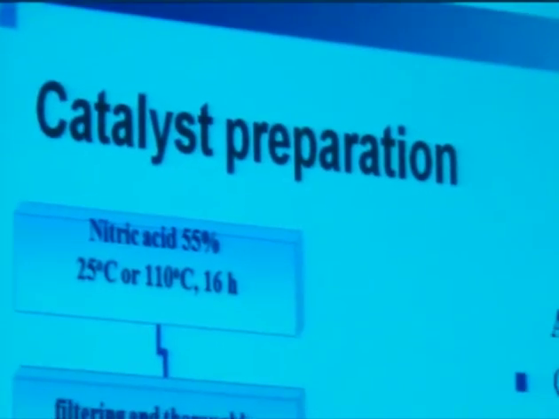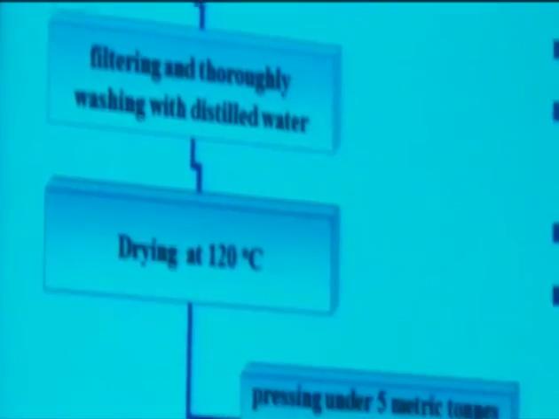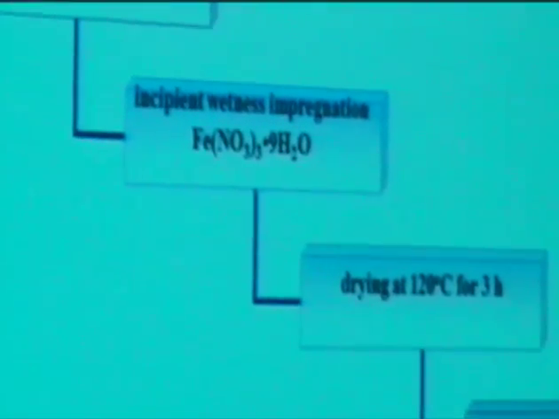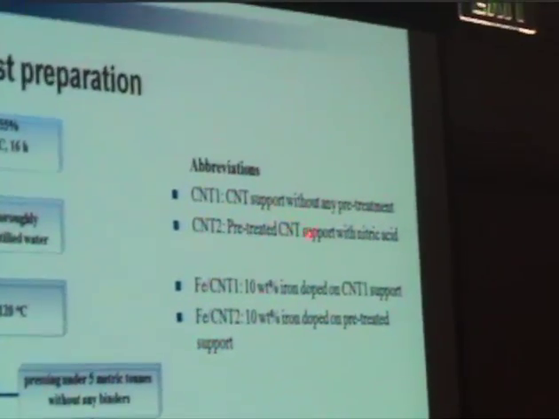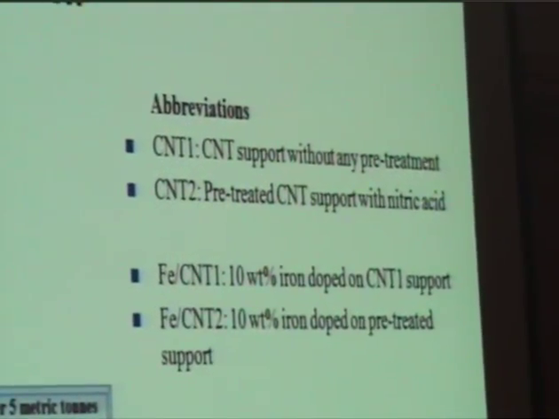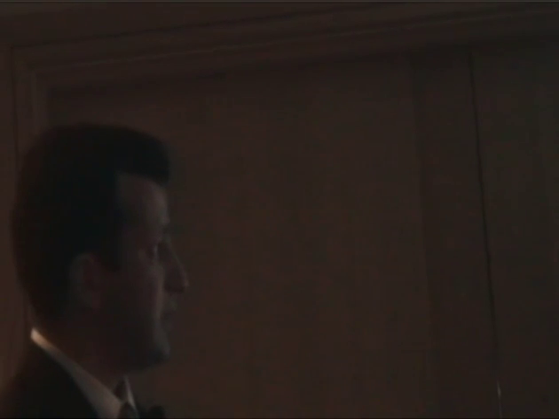We prepared two types of catalysts, of course two types of supports. The first one, which I called CNT1, is just as-received CNT, and the other one is CNT2, which is pretreated CNT support with nitric acid. And then we doped 10% iron on CNT1, I called it Fe over CNT1, and also 10% iron over the CNT2 catalyst, which is pretreated with nitric acid.